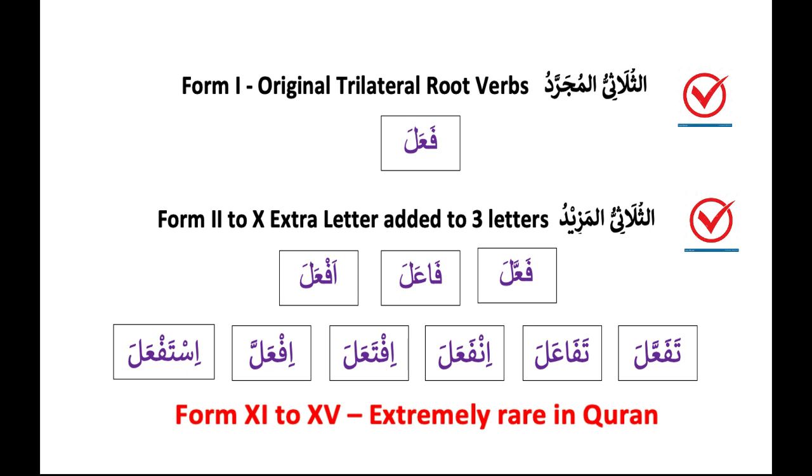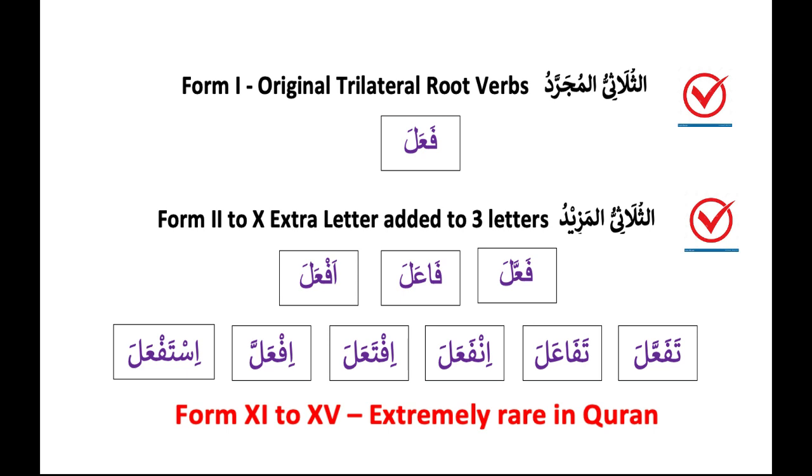As-sulasiul mujarrad, original, 3. As-sulasiul mazid, they are the increased version after adding 1 letter, 2 letters or more letters with the original verb, and they will be called as-sulasiul mazid.